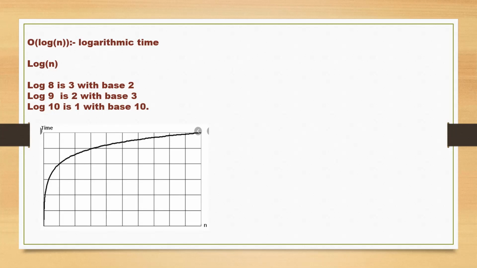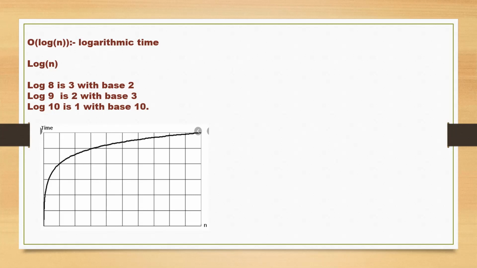So it is opposite of exponential. For example, 2 power 3 is 8, but here 8 is already given. You need to find the power. That is logarithm. That is how we will find the logarithm. I have given 2 more examples there. Log of 9 to base 2 would be 3 point something.